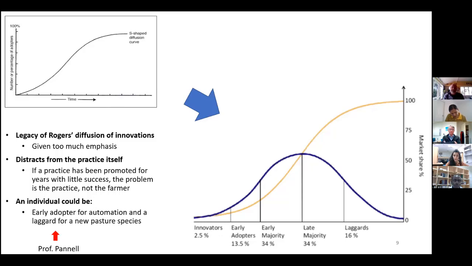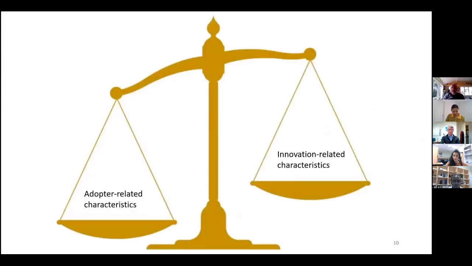As they say, if a practice has been promoted for years and years and is not really popular, then the problem really is with the practice, not with the farmers. These sentences make common sense, but in practice you still see them not being applied in some research papers. So that's what we started noticing from the beginning, that there is an imbalance in the literature.